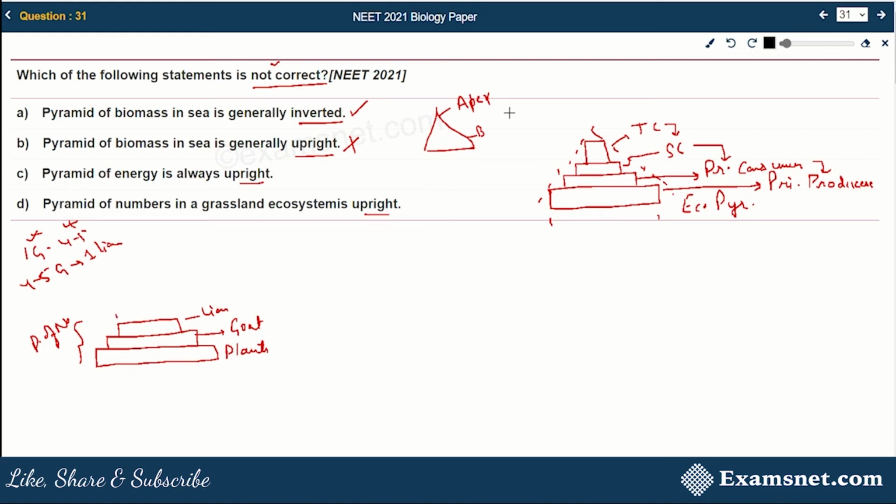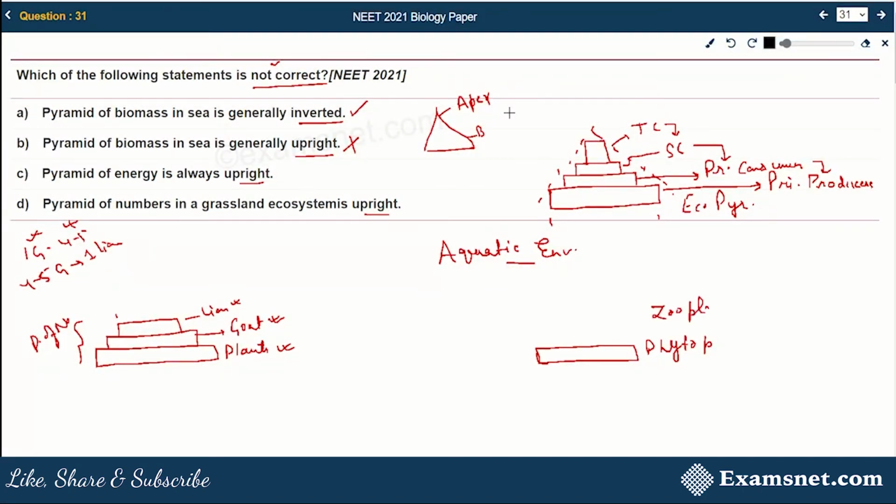This is the case with the pyramid of biomass also. The biomass of a goat will be less than the biomass of 4 to 5 plants. Similarly, the biomass of one lion will be less than the biomass of 4 to 5 goats. But in case of aquatic environment, this is not always the case, especially when the primary producers are phytoplanktons and the primary consumers are zooplanktons.